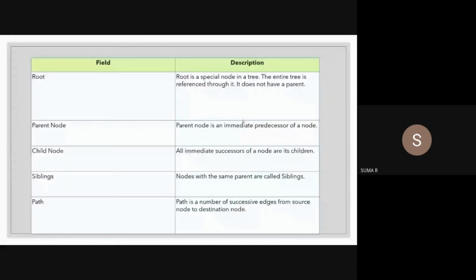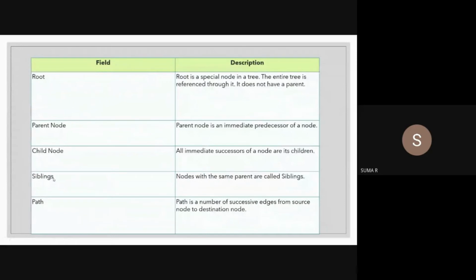Okay. Now root we already saw, parent we saw, and child node also we saw, sibling we saw. Sibling is two nodes which has the same parent are called as the siblings.